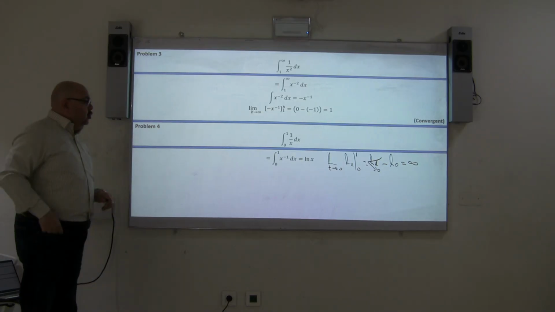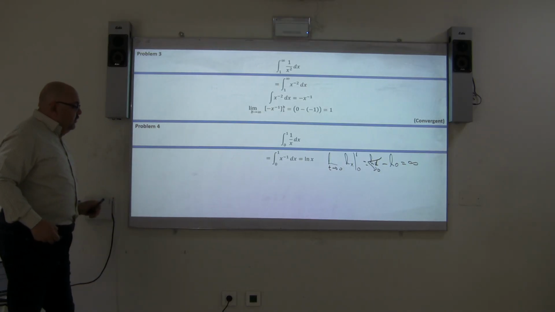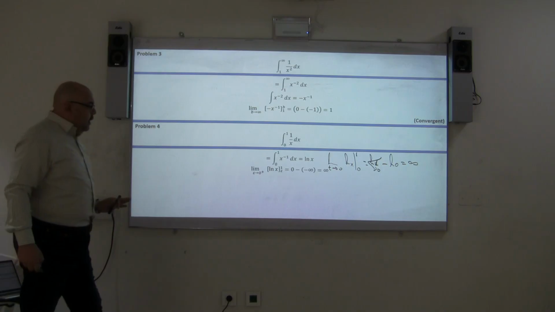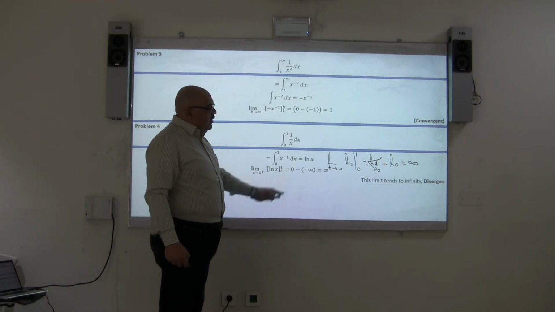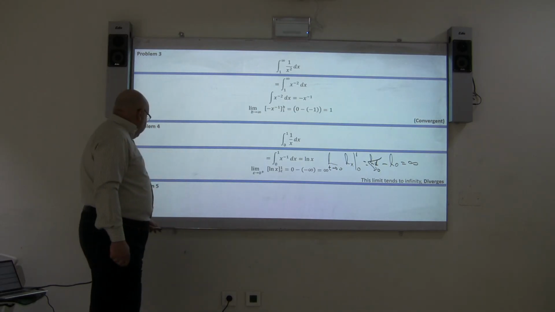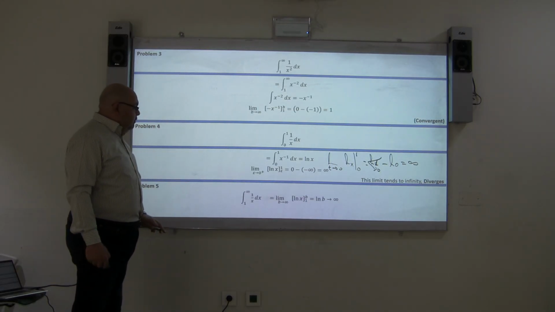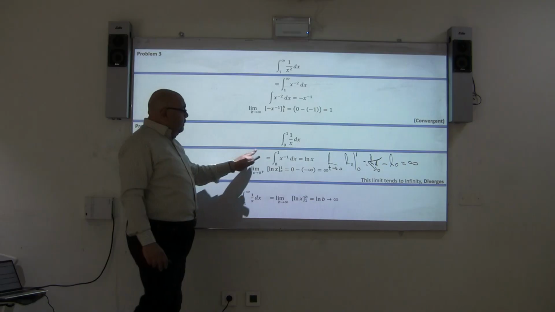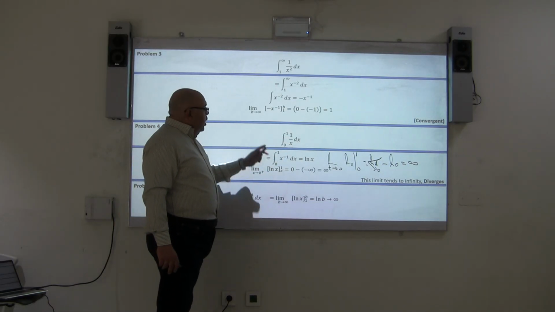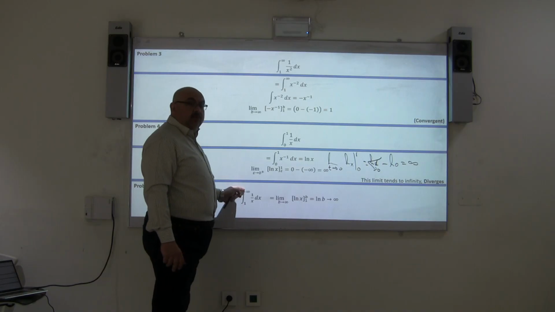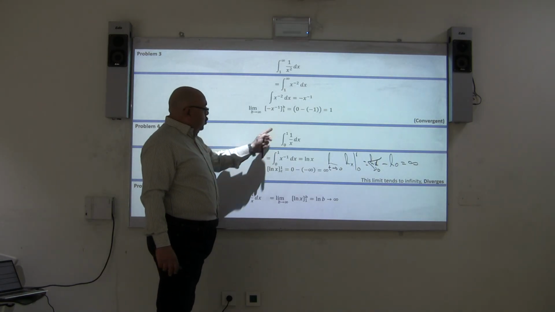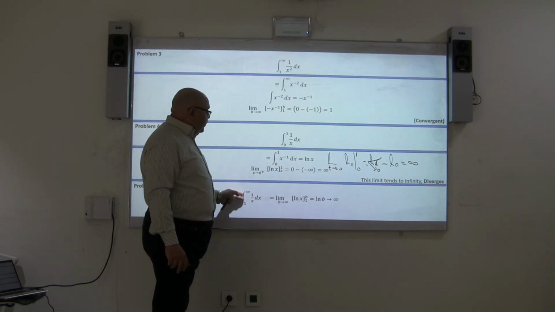And as I told you, the steps are really very simple. Identify the problem, use the limit, then substitute, and then the result will be in front of you. Another problem, this is problem number 5, and for the same problem, which is 1 over x dx, I will change the integration limits to be 1 up to infinity. So from 0 to 1, and then from 1 up to infinity.